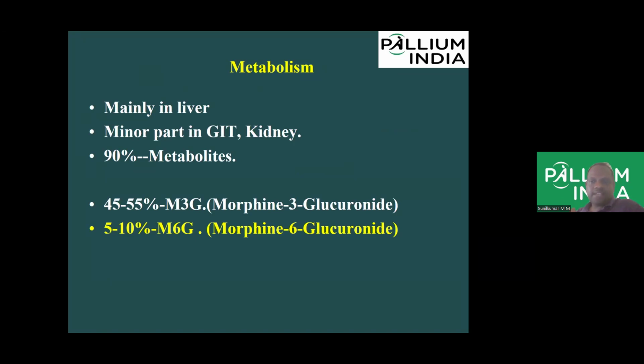M6G is the metabolite which will give you pain relief, while M3G is not an analgesic. But please also note that M6G is formed in less quantity compared to M3G, and it is more potent than the parent morphine. And M3G doesn't have much action, but there is literature which says it may contribute to neurotoxicities of morphine.